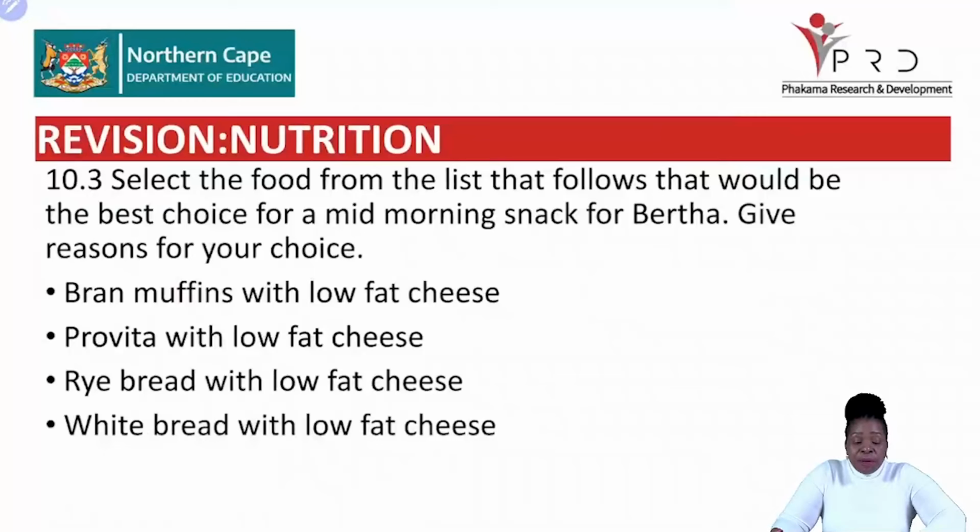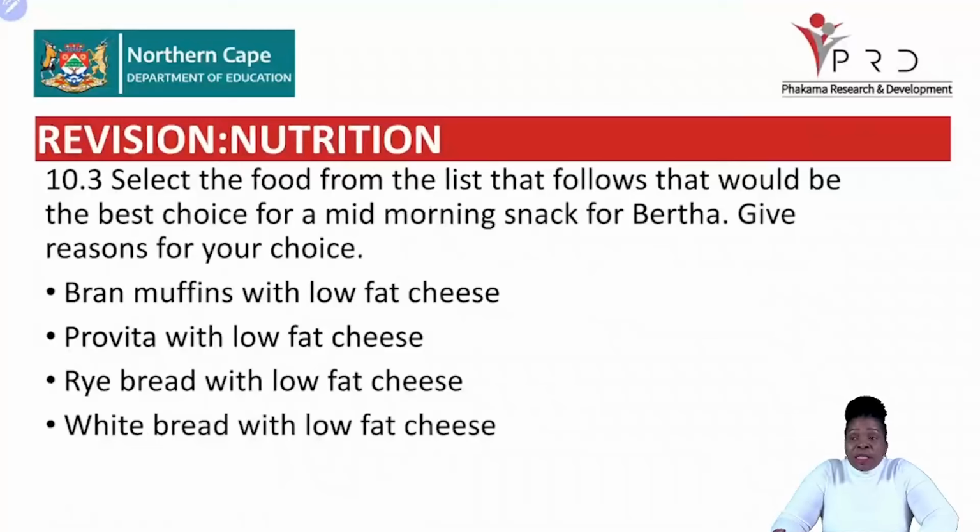Still on 10.3, it says select the food from the list that follows that would be the best choice for a mid-morning snack for Betha, and give reasons for your choice. Remember, Betha is suffering from diabetes.